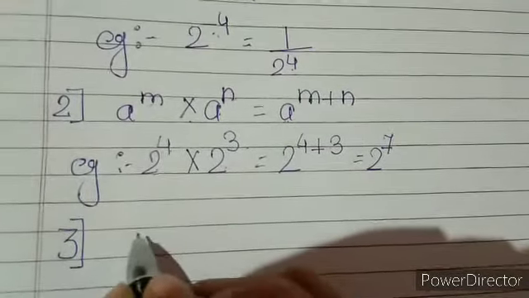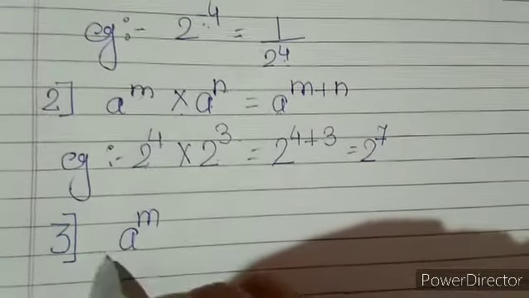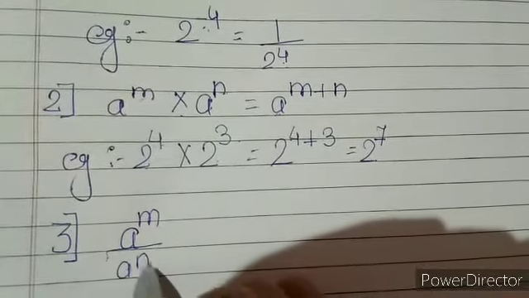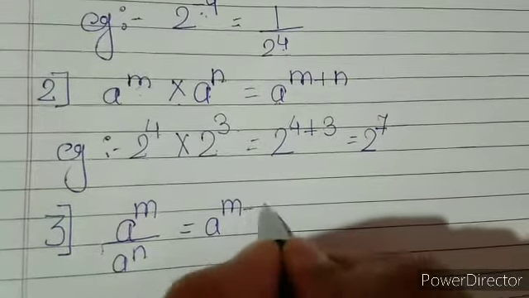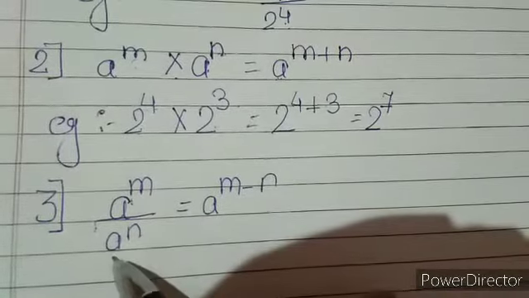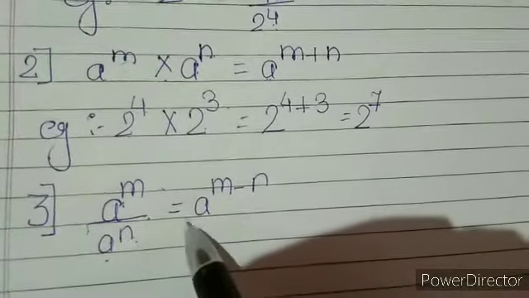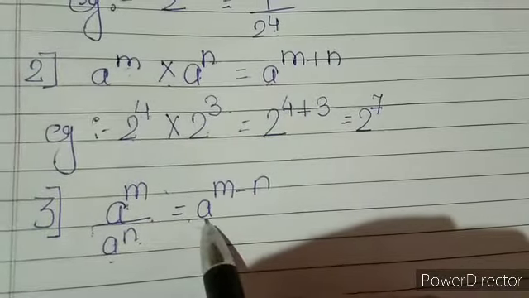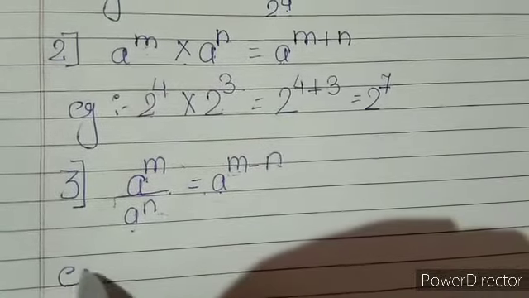The next law of exponents is a raised to m divided by a raised to n. Then the answer will be a raised to m minus n. Common base, different index, having a division sign. In that case write the base commonly one time and subtract the indices.